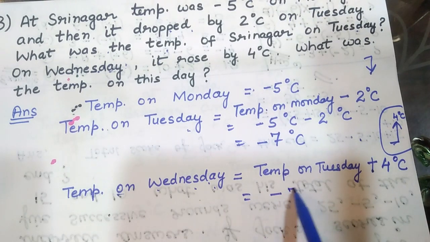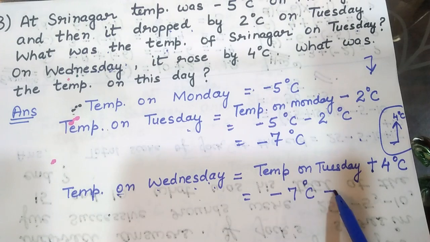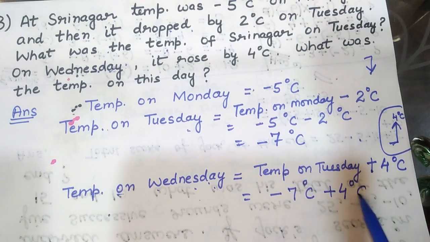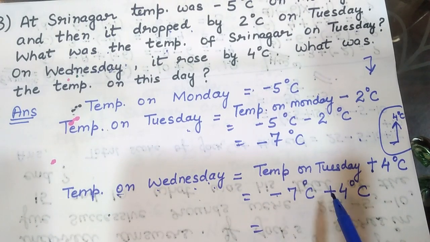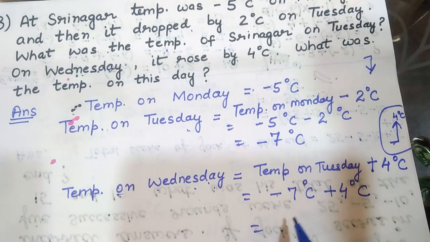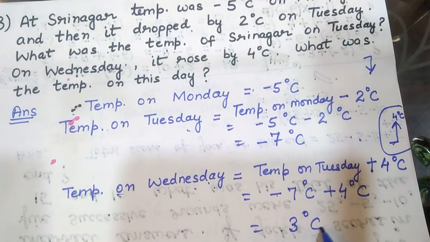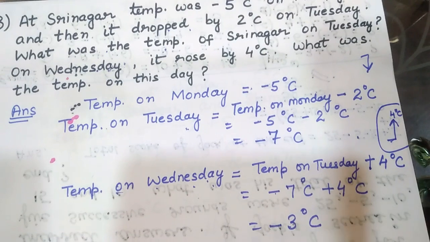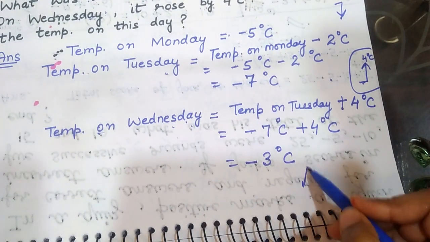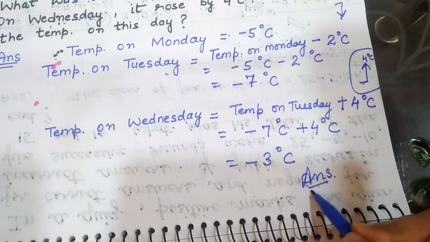On Tuesday it is minus 7 degrees Celsius plus 4 degrees Celsius. Minus plus: 4 from 7 gives you 3, and the sign of the greater number, that is minus, will come here, and that is your answer.